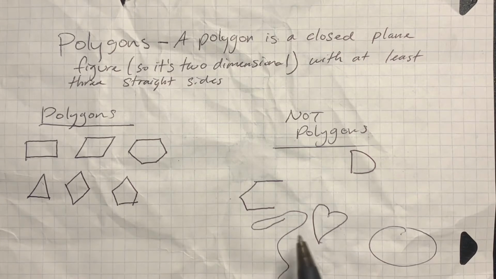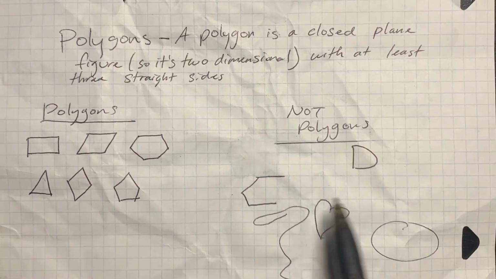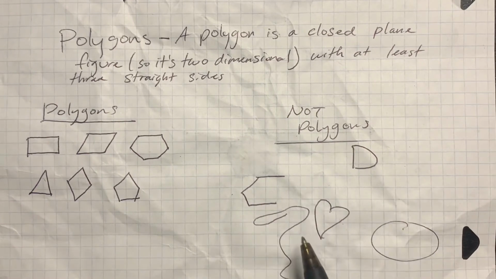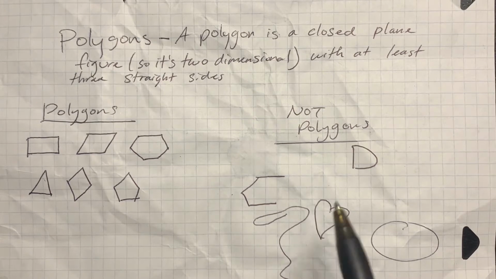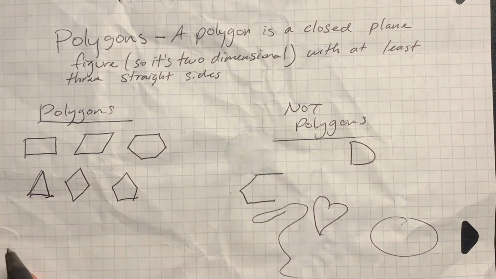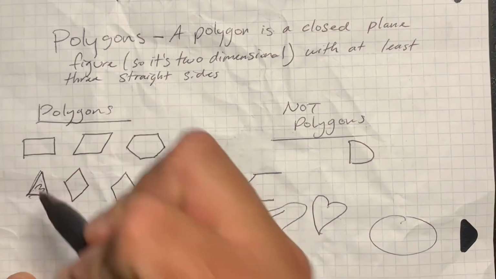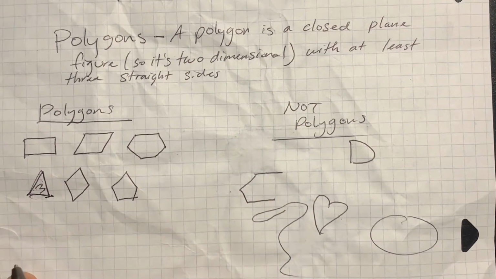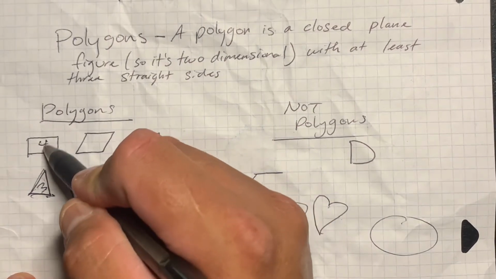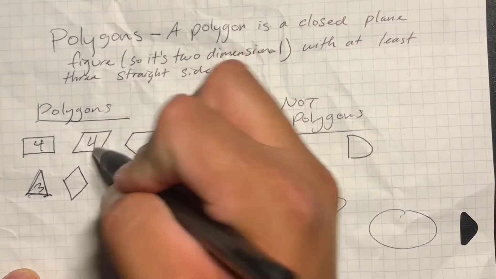What is not a polygon? These shapes over here, because these are either not closed figures or they don't have at least 3 straight sides. So this one has 1, 2, 3 sides or edges. The triangle has 3 edges. The rectangle has 4 edges. The rhombus has 4 edges.